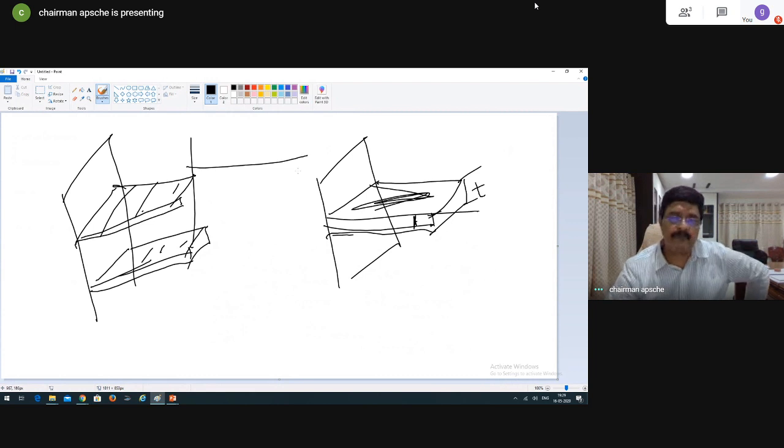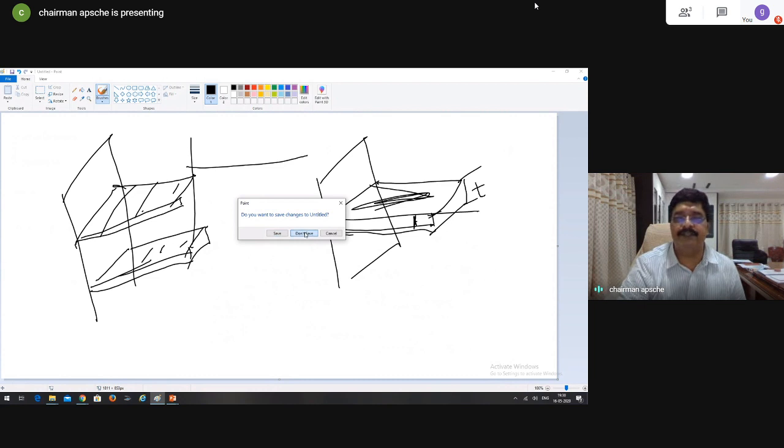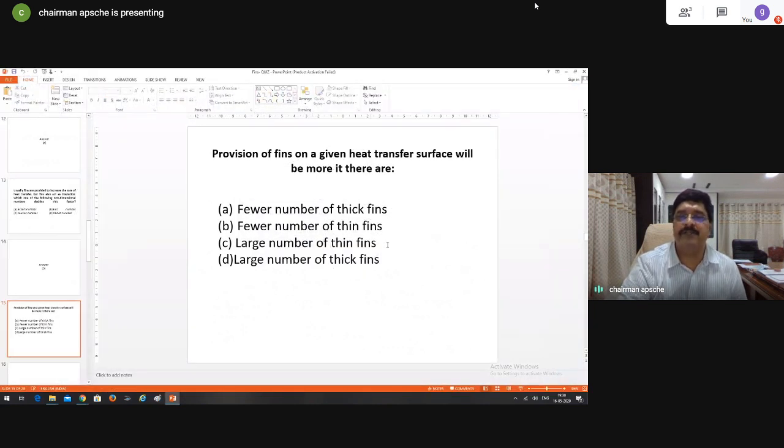More number of thin fins is advantageous, so a large number of thin fins are preferred.